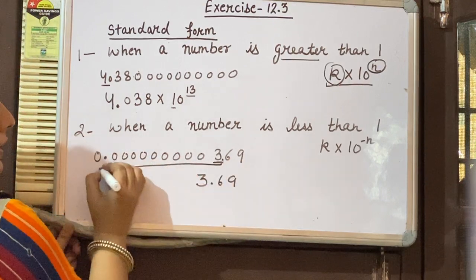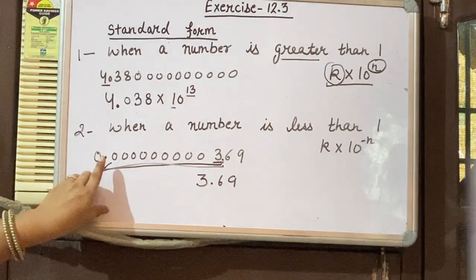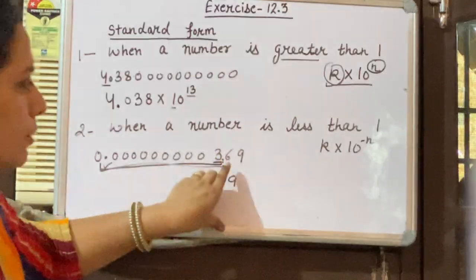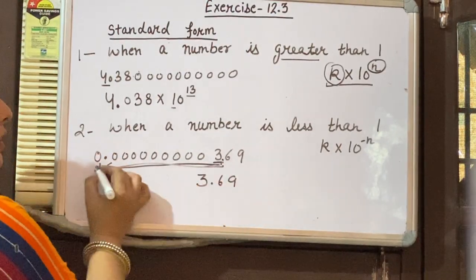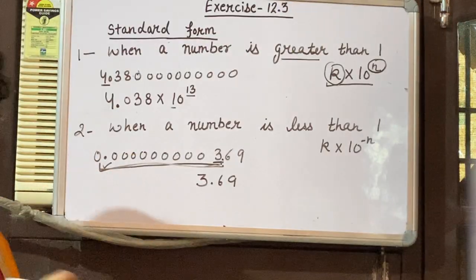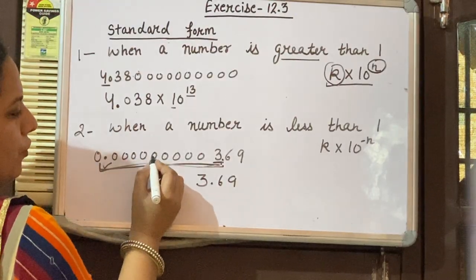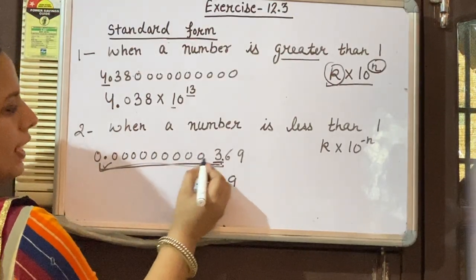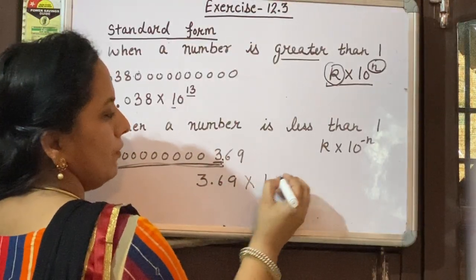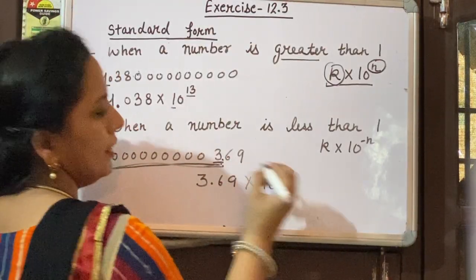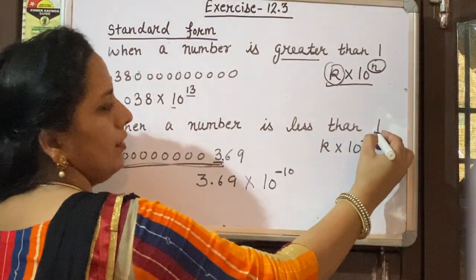So count the digits between these two points. हमने इस डेसिमल को यहाँ से यहाँ तक मूव किया है, so that's why we count the digits between these two decimals. Let's start. 1, 2, 3, 4, 5, 6, 7, 8, 9, 10. So here the power will be 10, and it is in the negative form because our number is less than 1.